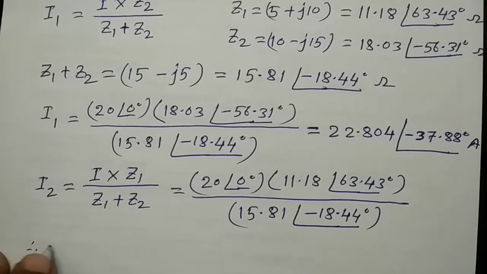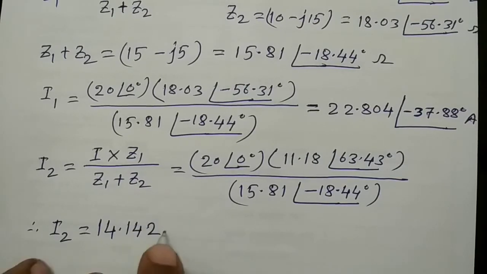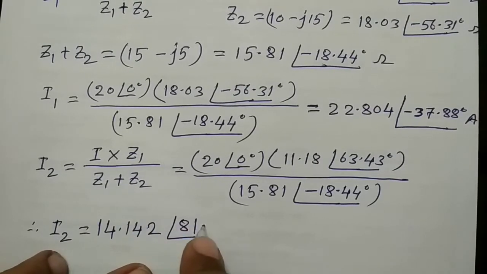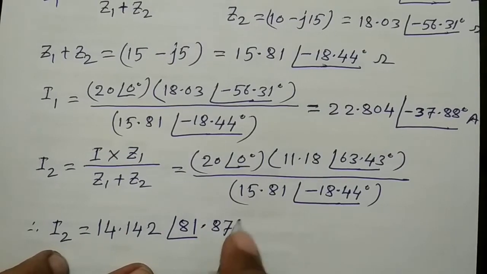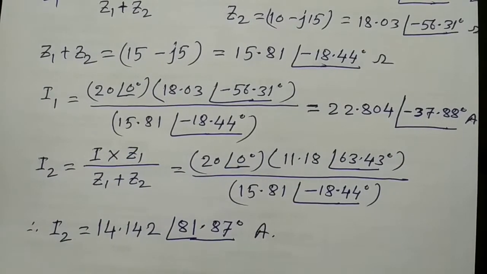After solving, I2 will be 14.142 ∠81.87 degrees. This is the current in the second branch.